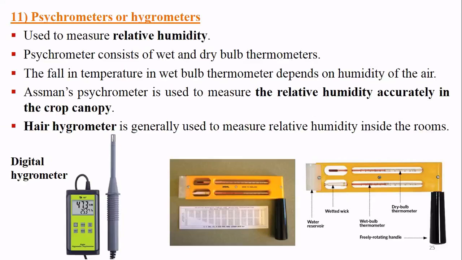And the hygrometer is generally used to measure the relative humidity inside the room. If you are maintaining a room with a green wall like that, you may want to measure the room relative humidity. For that, you have to know these pictures. Just see.